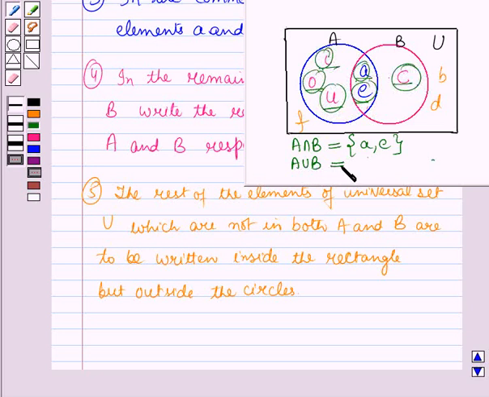So A union B will be equal to the set containing the elements I, O, U, A, E and C.